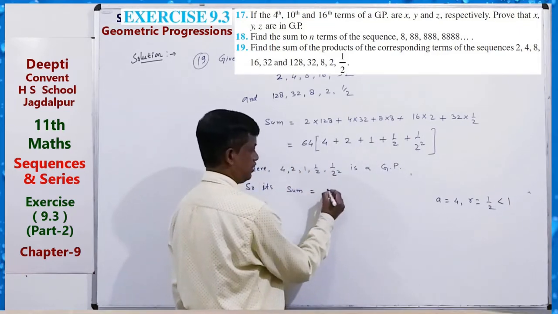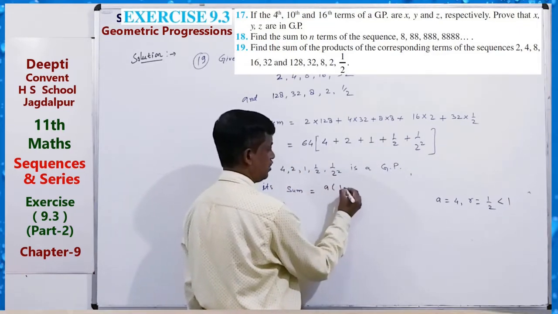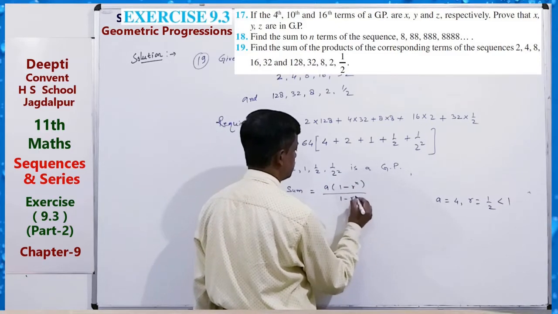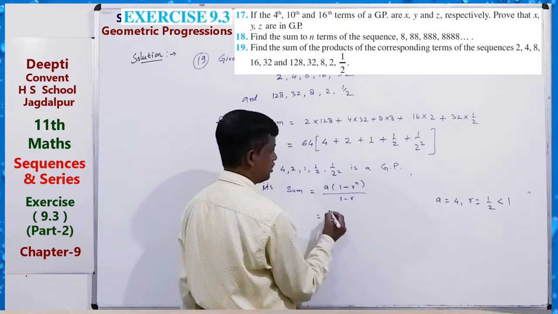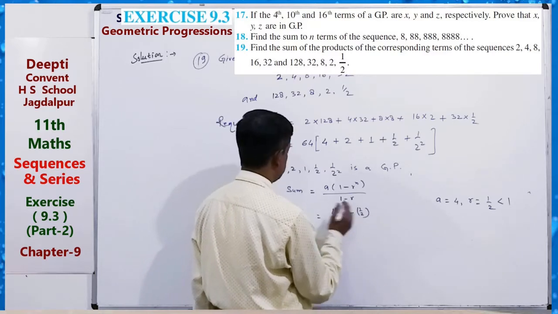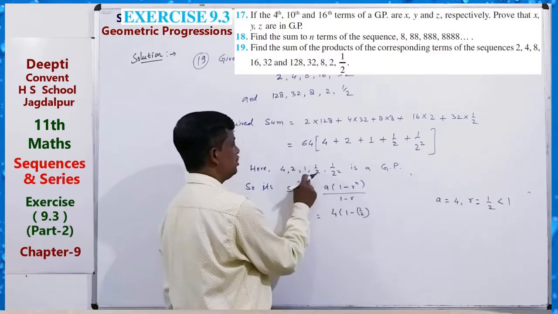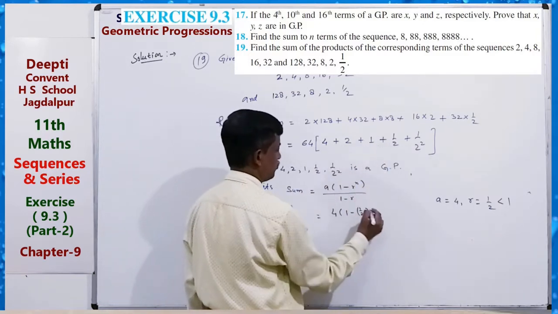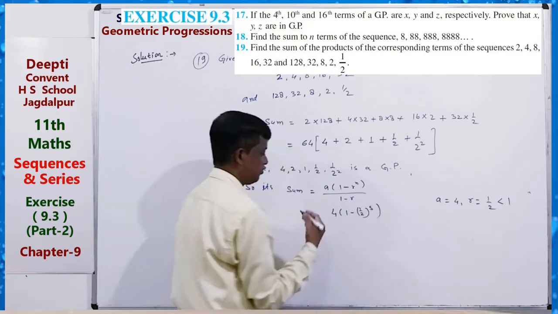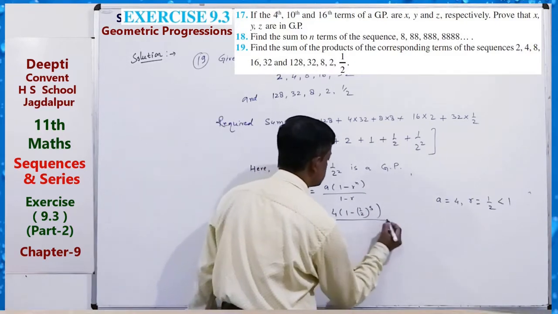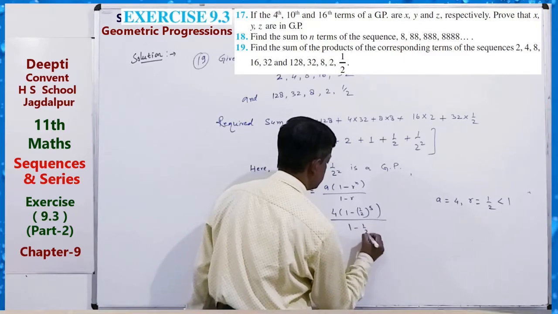So the sum is a into 1 minus r power n upon 1 minus r. There are 5 terms, so the sum is 4 into 1 minus 1 by 2 power 5, upon 1 minus 1 by 2.